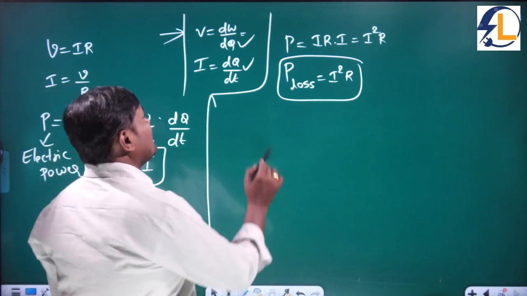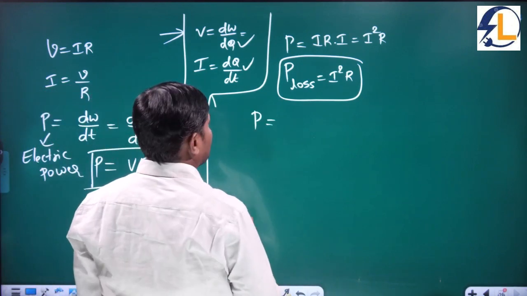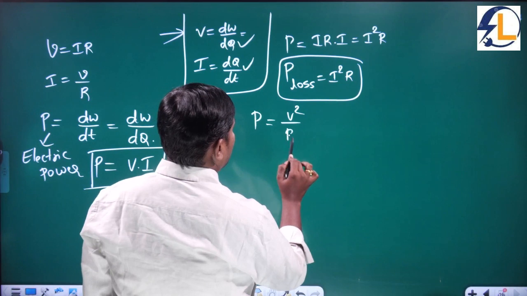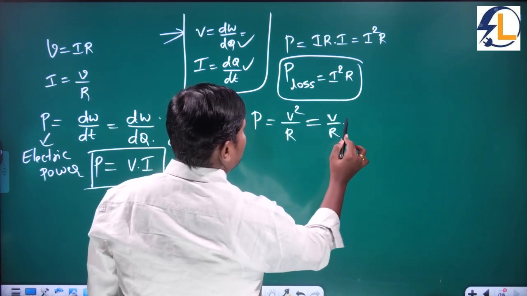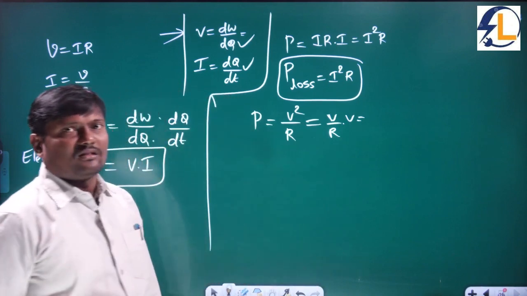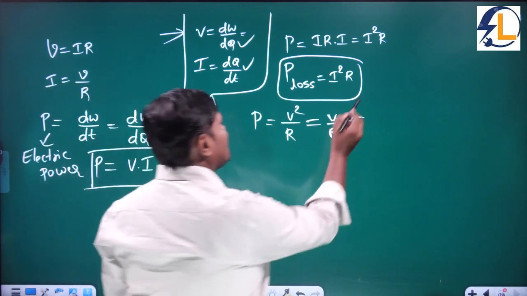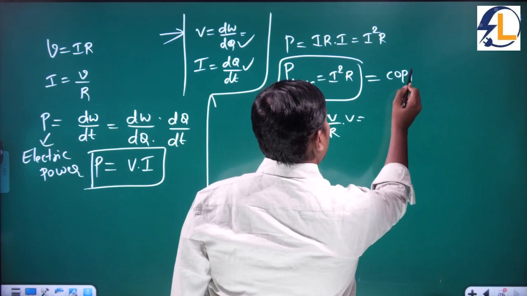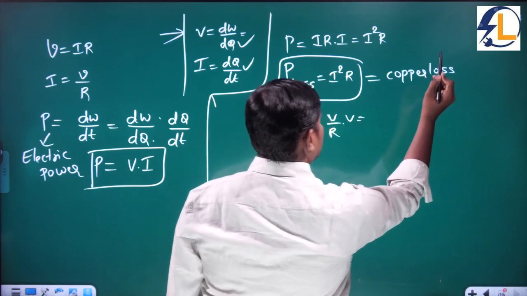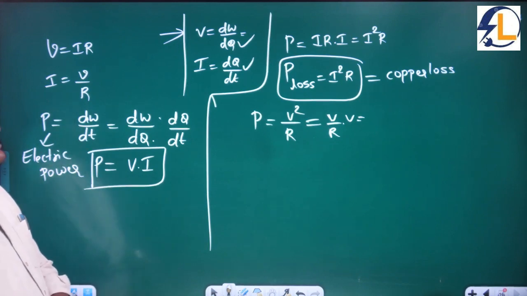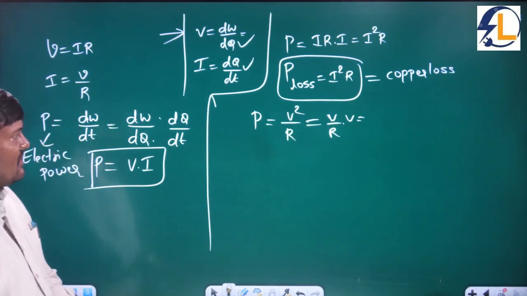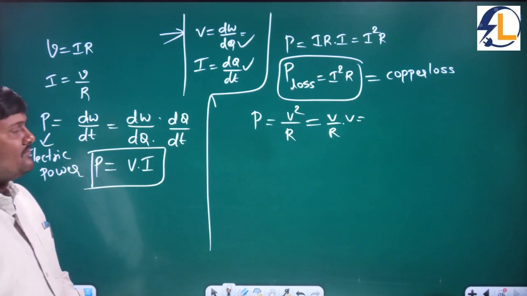And one more thing, I is equal to V by R, you can substitute here to get V square by R. Why? Because power is V into I, and I is V by R, so that is V square by R. So the power loss is also called copper loss. Throughout the subject you have to remember power loss is equal to I square R, also called a copper loss.